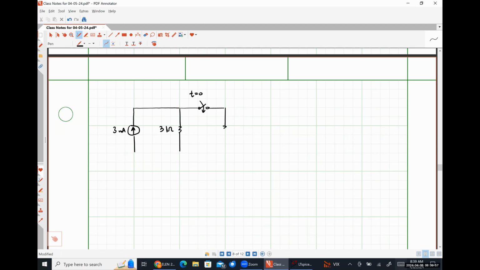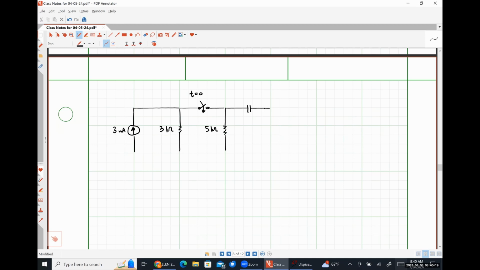Somebody hit me with another kilo ohm size resistor, please. 5K. Let's say, okay, so somebody hit me with a capacitor value.